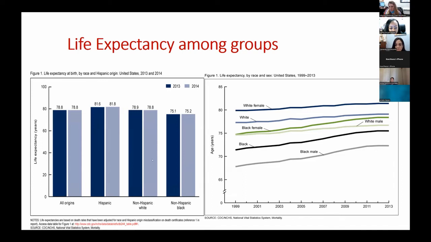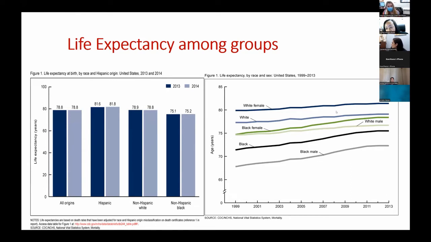So if you could look on my left, you'll see the bars that represent Hispanic, non-Hispanic white, and non-Hispanic Black. And interestingly enough, you'll see that the life expectancy is higher for Hispanics. That's a conundrum, right? Because with the risk factors, you would not necessarily expect that, but there's a higher life expectancy, and we'll talk about why that might be, for Hispanics compared with non-Hispanic whites and non-Hispanic Blacks, which have the lowest life expectancy.